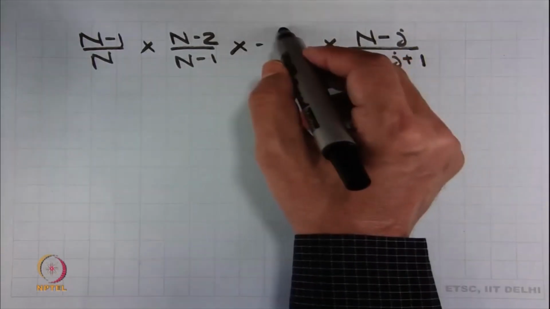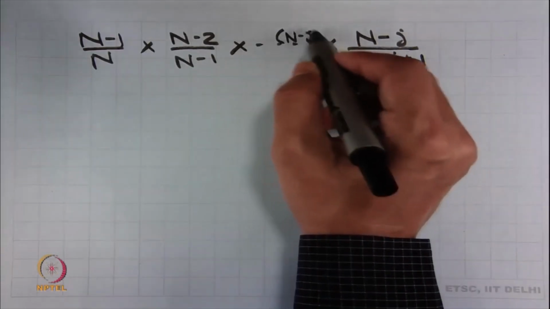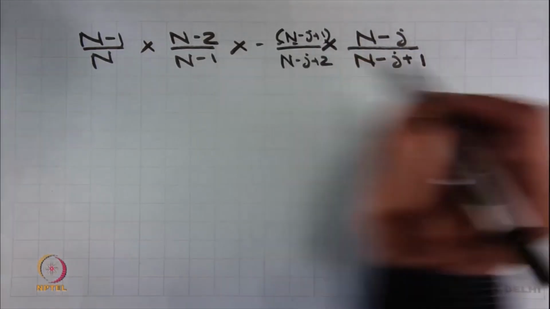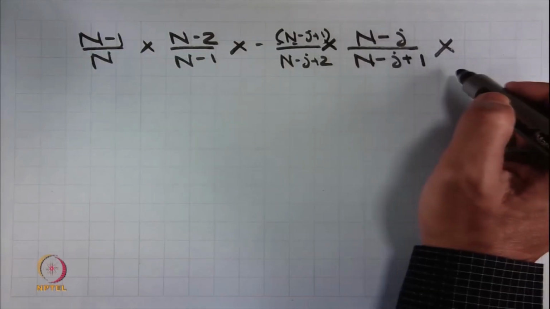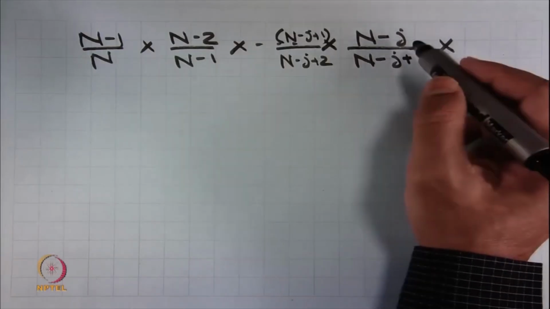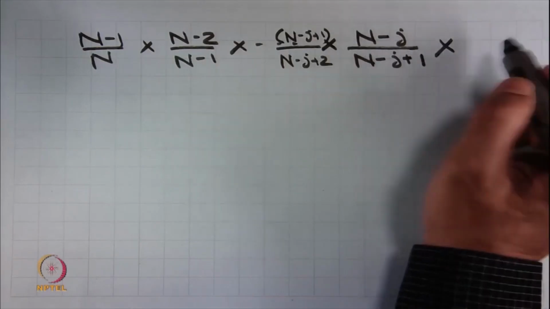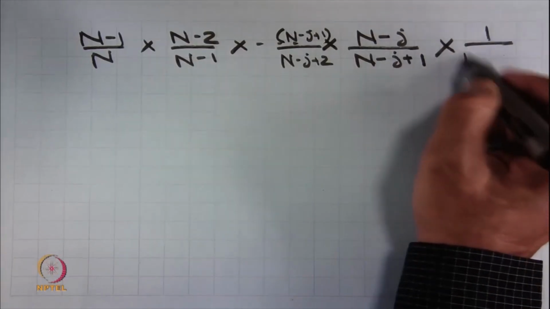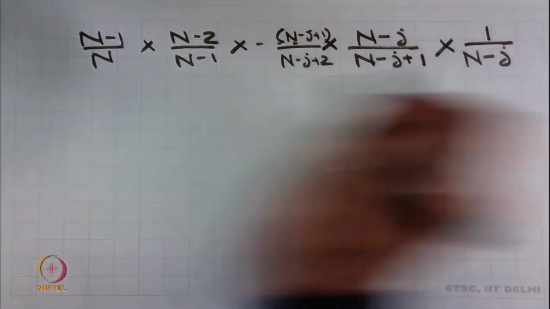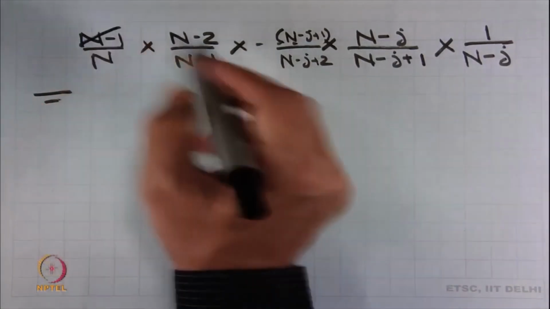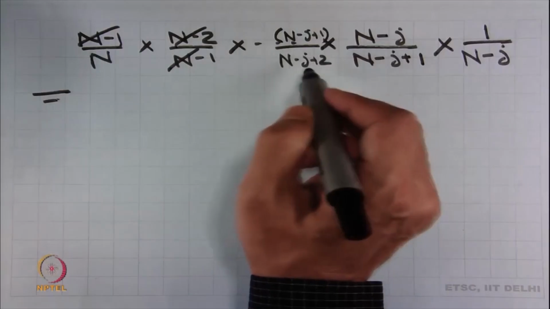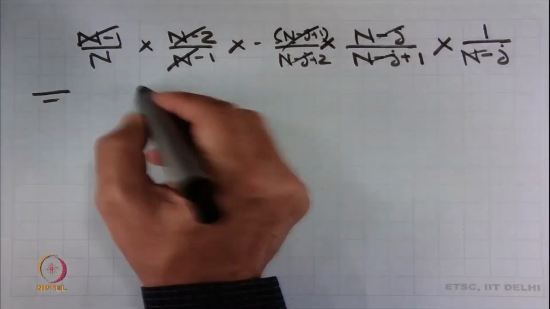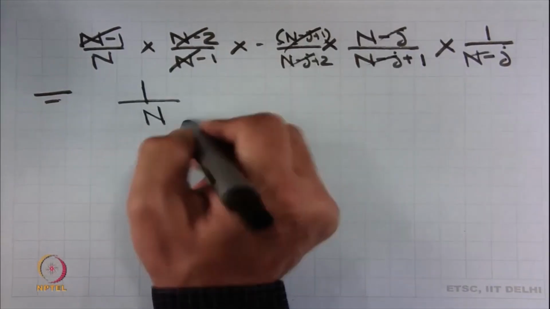So, this one has to be n minus j plus 1 upon n minus j plus 2 multiplied by, now that out of that n minus j elements I am choosing x k, that probability is 1 upon n minus j. So, what we are getting? These terms cancel each other, and what we are left with is 1 upon n.